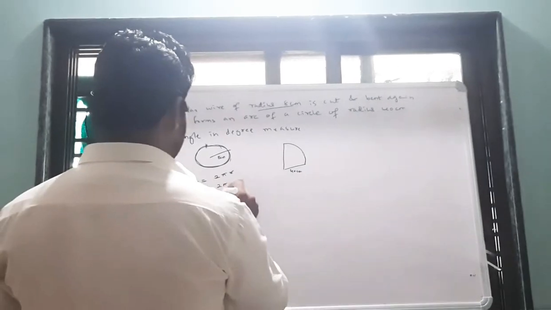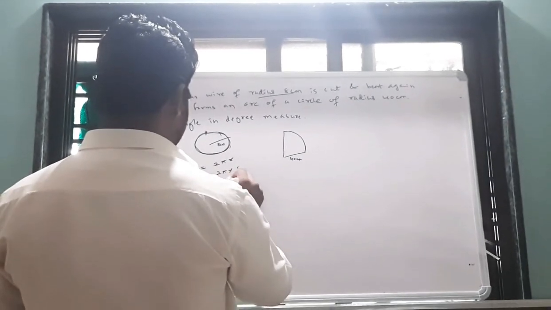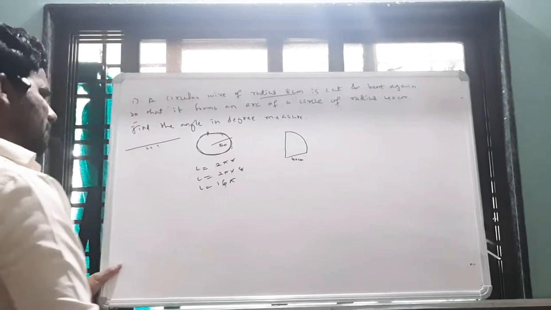So r is 8, and the length of the arc is 16 pi.